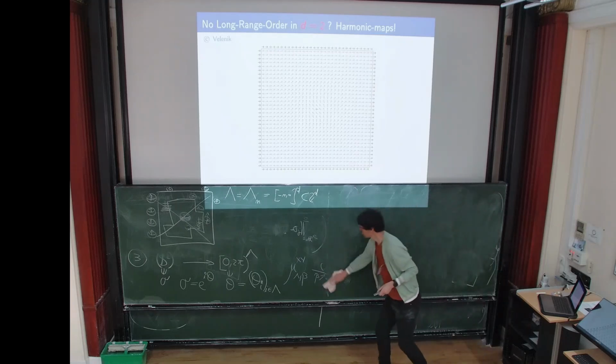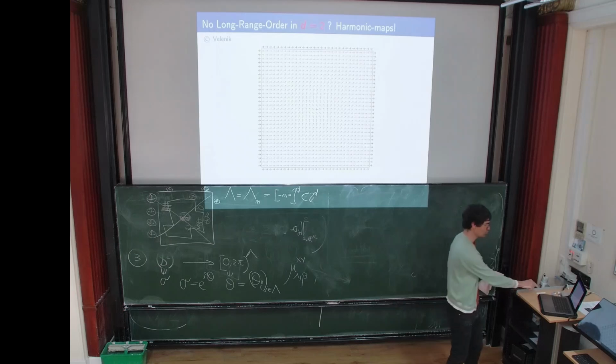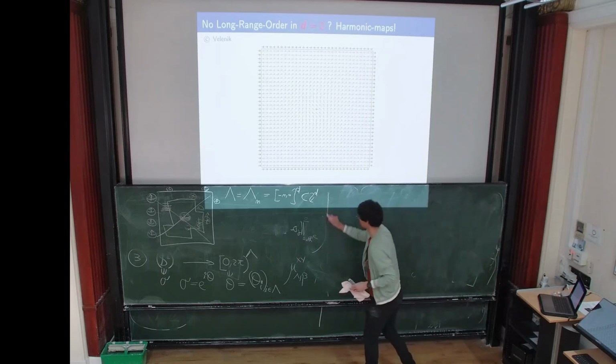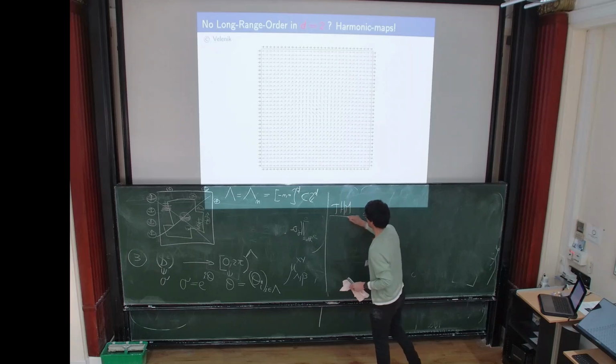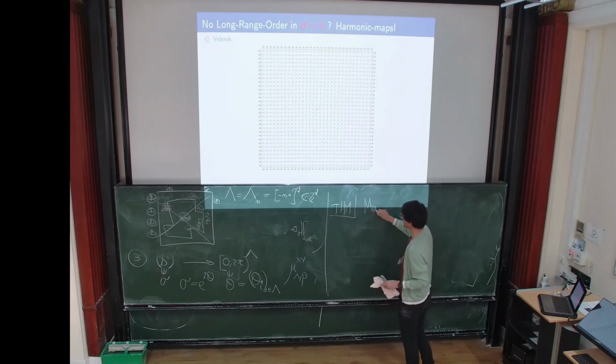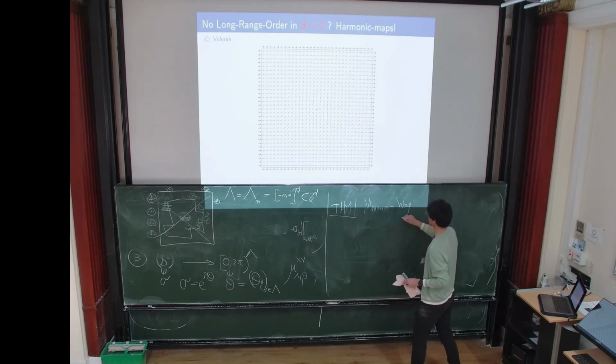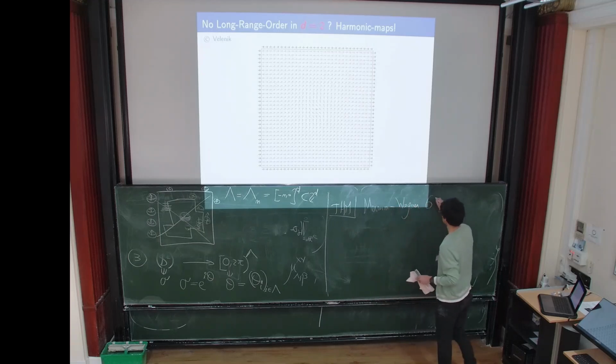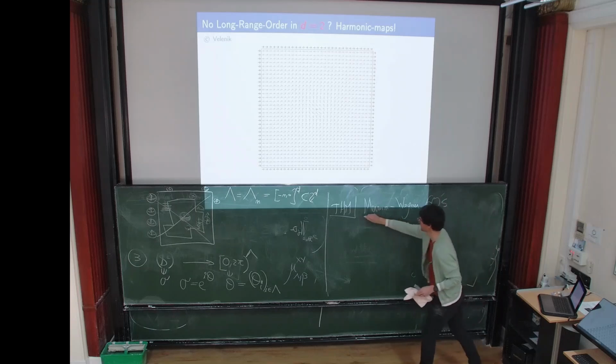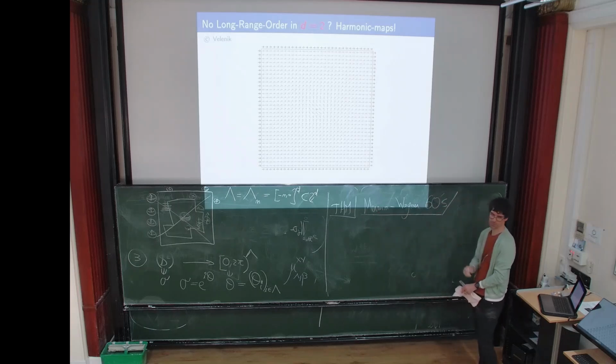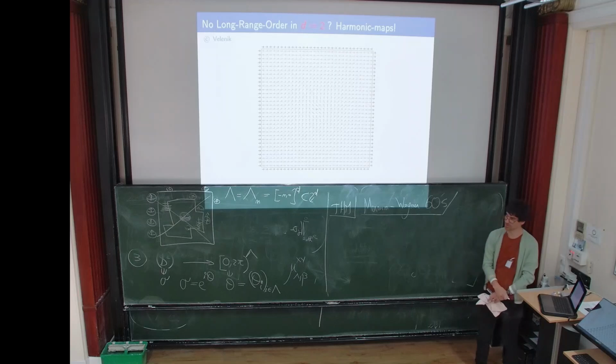So in dimension 2, there is a theorem which is due to Mermin and Wagner. And this theorem goes back to the 60s. I don't know exactly which year. It first appeared for quantum spin systems, but I will state it for those classical spin systems.